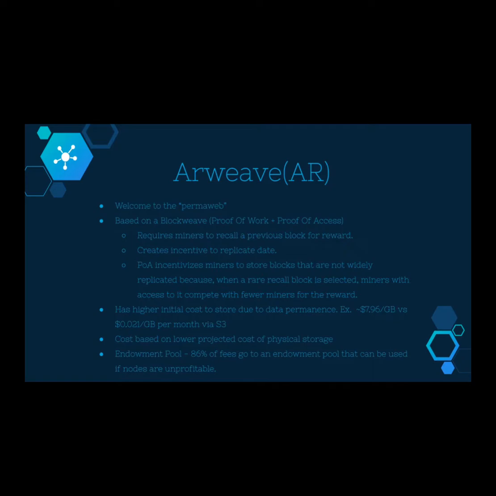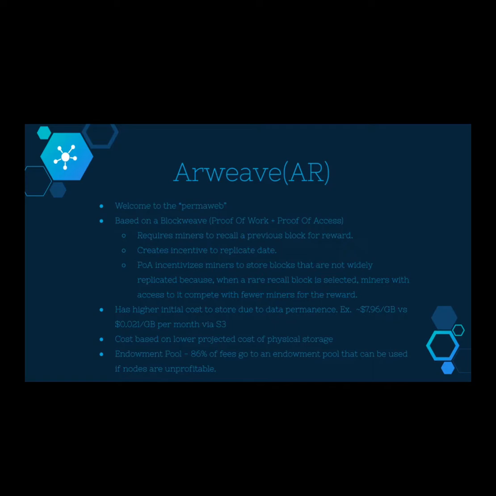So if there's a file that not many people are replicating, and you're replicating that, and there's a block reward for that, you can make quite a bit of money from being the one who replicates that data. I think the really interesting part of Arweave is the economic incentivization.